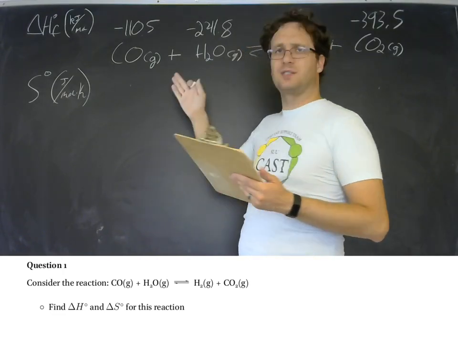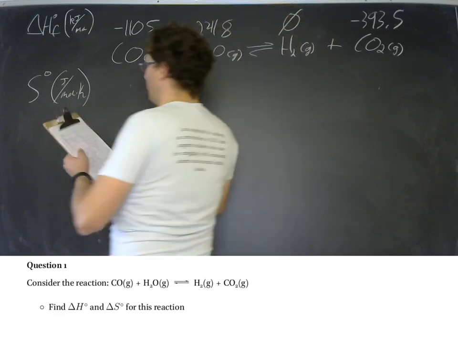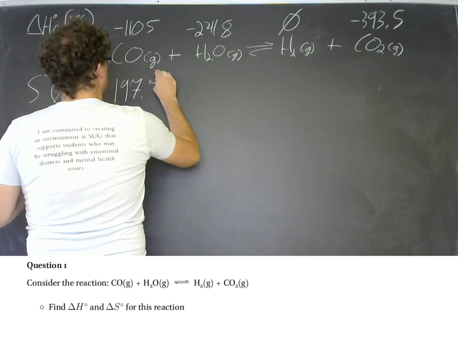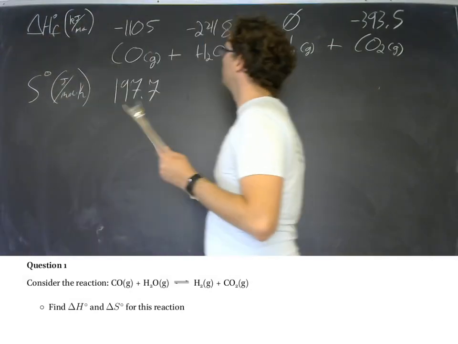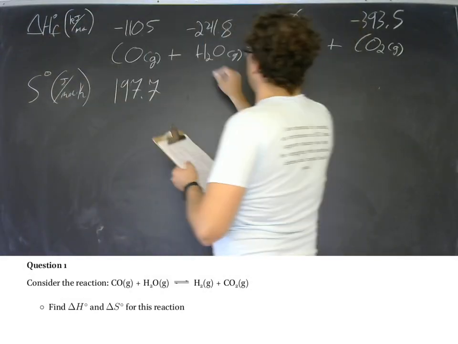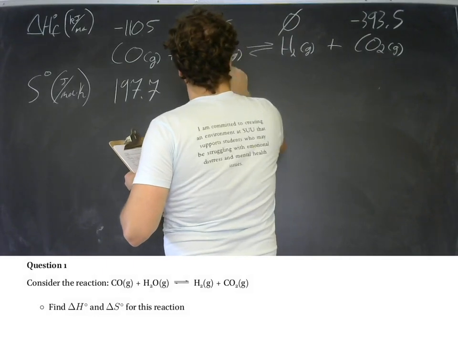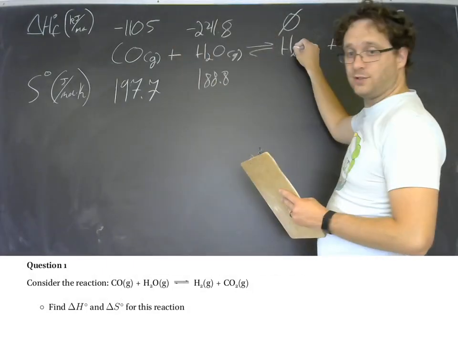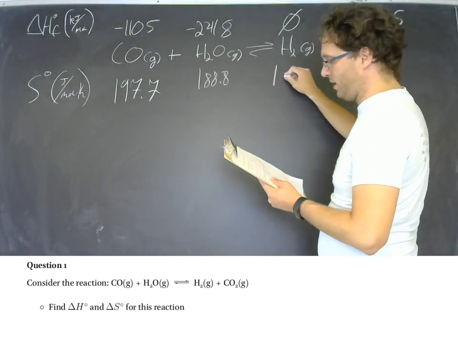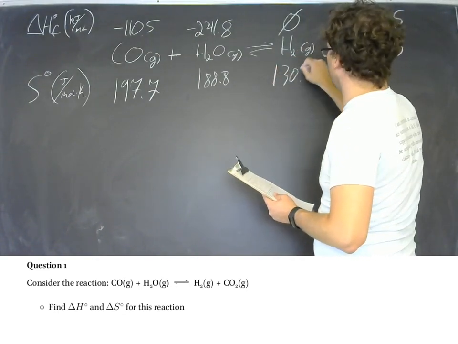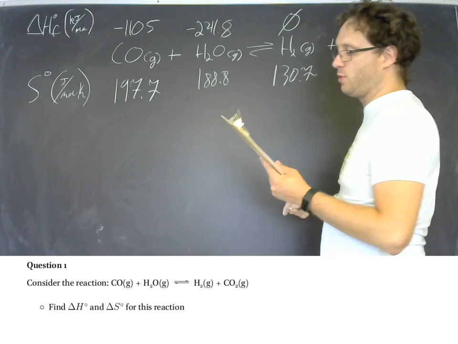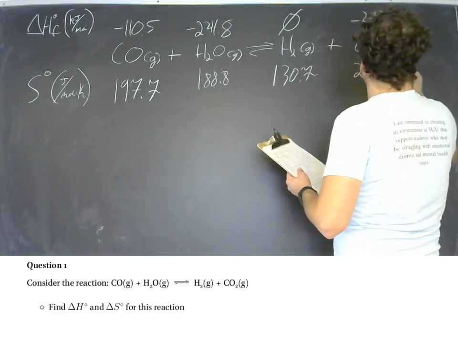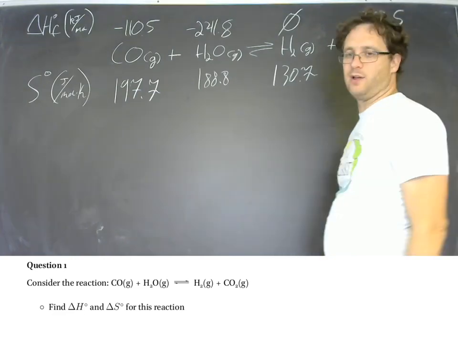This is the standard molar entropy, and this will be 197.7 joules per mole Kelvin, 188.8 joules per mole Kelvin. Hydrogen will have a standard molar entropy of 130.7 joules per mole Kelvin, and 213.8 joules per mole Kelvin.